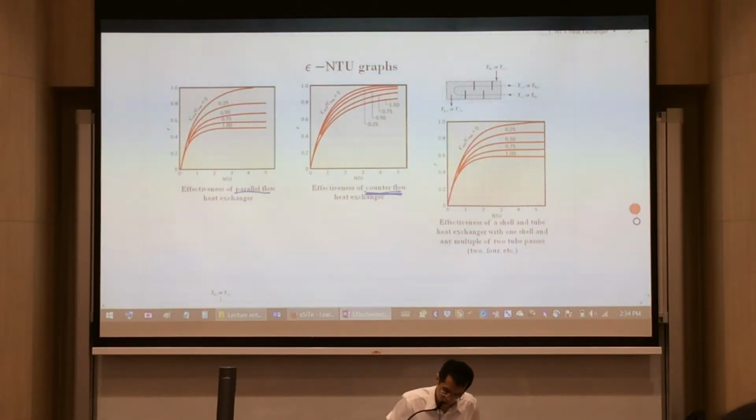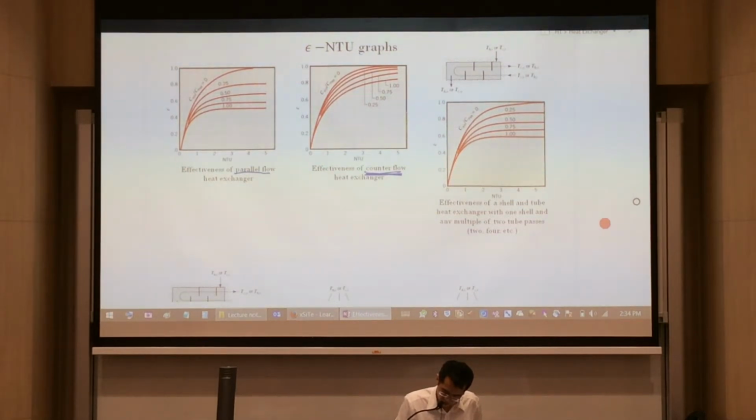If you have a question that says this is a shell and tube heat exchanger, and some textbooks actually put shell-and-tube, you will have seen that as well. In this case, this graph over here refers to one shell and only one shell, and any multiple of two tube passes.